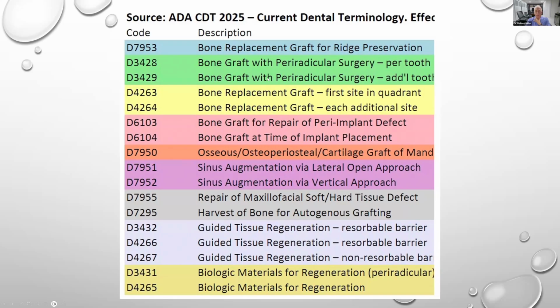So it covers bone replacement for ridge preservation, bone graft with tooth removal, bone replacement, peri-implantitis, sinus augmentation, both lateral and crestal approach, guided tissue regeneration, biologic materials. This is really the full range of CDT codes that we have for you.